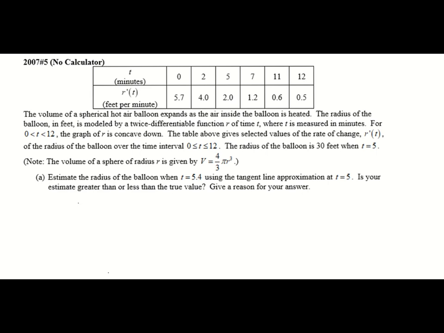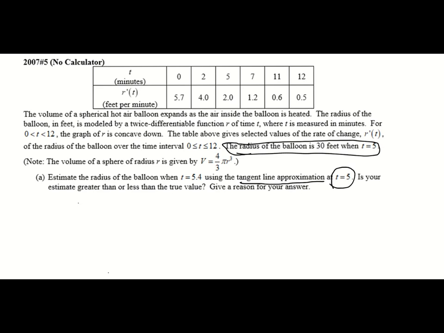Okay, so whenever we hear tangent line approximation, we know we need to think about the point slope form of a line. And in order to write an equation in point slope form, we need a point and a slope. So we know that the time is 5, and we do have a point given in the problem. The radius of the balloon is 30 feet when t equals 5.